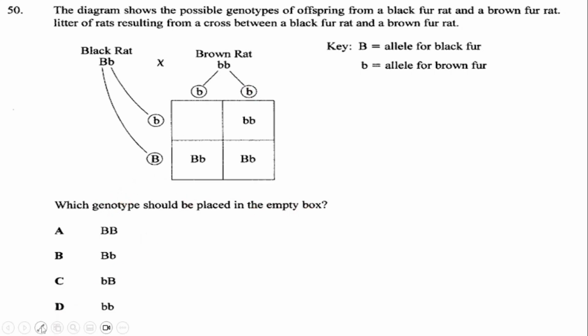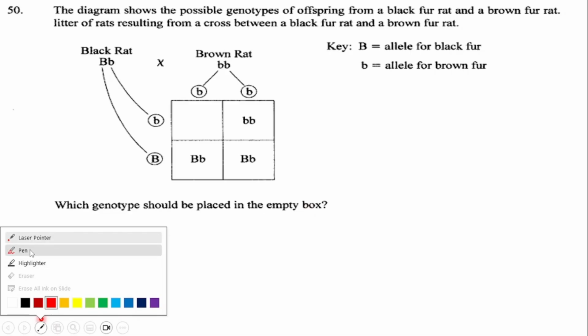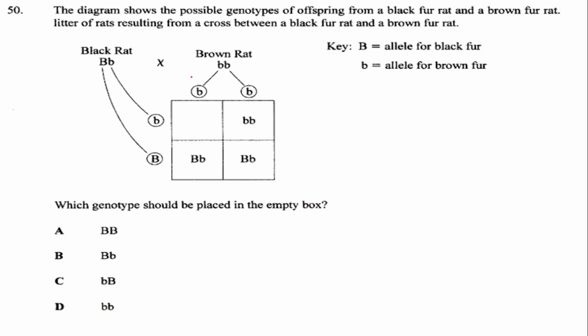So if we look here, so let me use my pen here. If we look here, we have small b and we have small b. And so that means that in the empty box, we're going to have small b and small b. And so the correct answer here is definitely going to be D, small b and small b. So how do we do it? We have small b and small b, which gives us small b, small b. We have small b and small b, which gives us small b, small b.